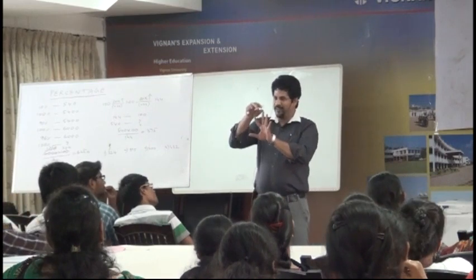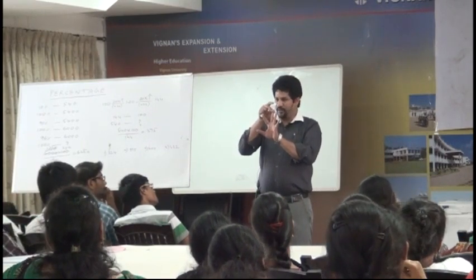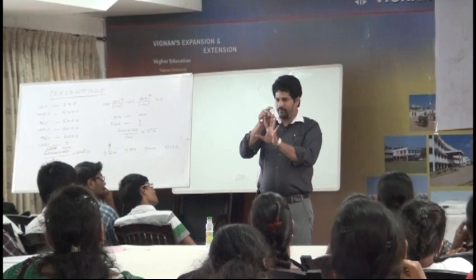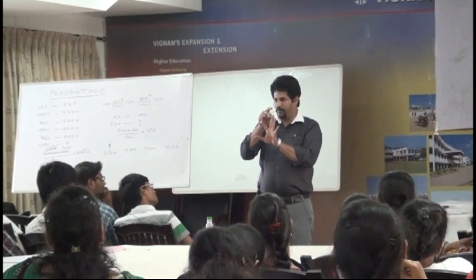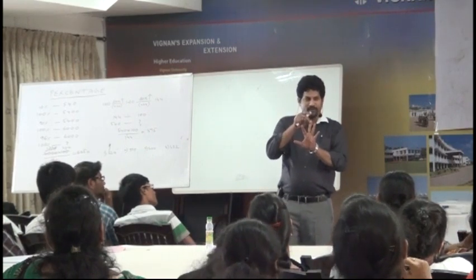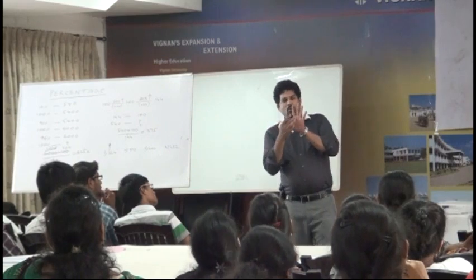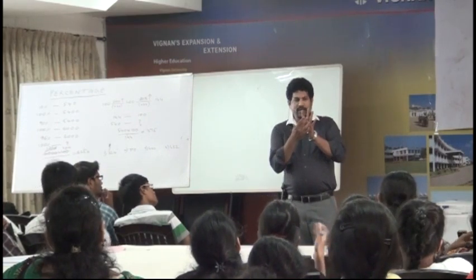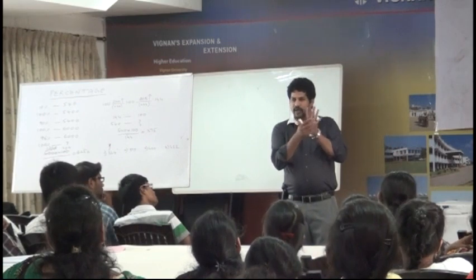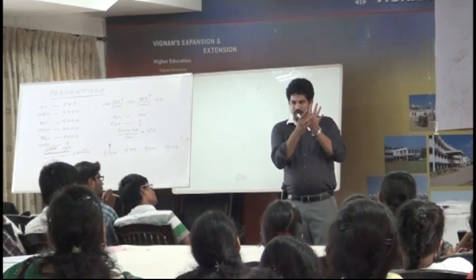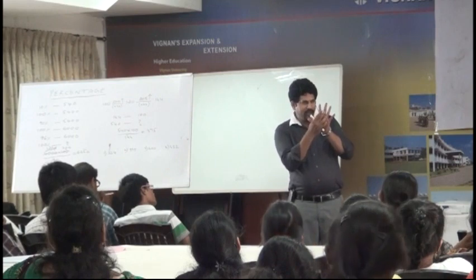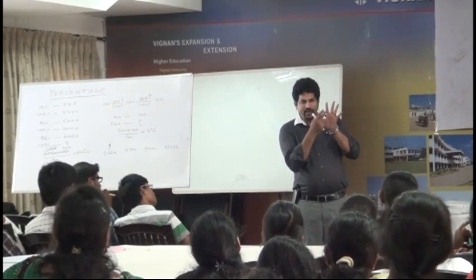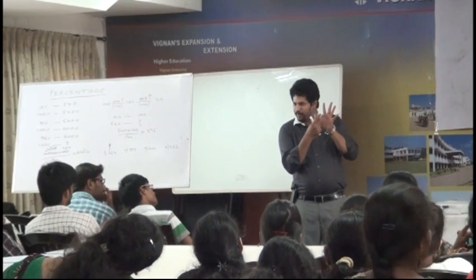Worst case, I got 580, but expected answer is 540. Do I move to my left or to my right? Definitely, this is a smaller value, this is a bigger value, suppose. With this value I got 580. There is no sense in taking even bigger values. Are you getting my point?